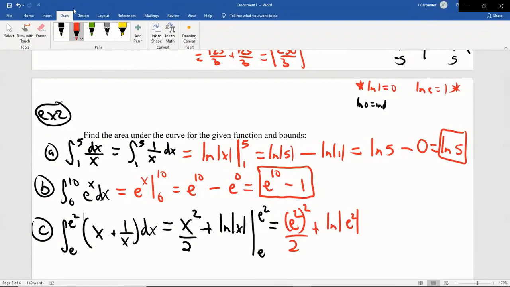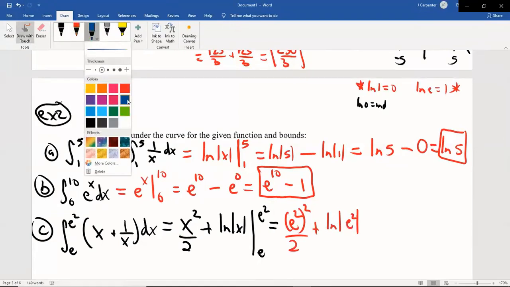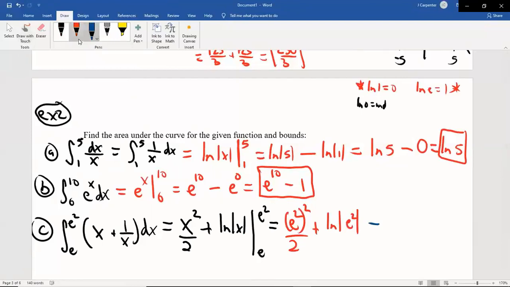Then we're going to need to subtract. So minus, and because the next part has multiple terms, we're going to need parentheses. Now we're plugging the e into the original integrated function. So e squared over 2.